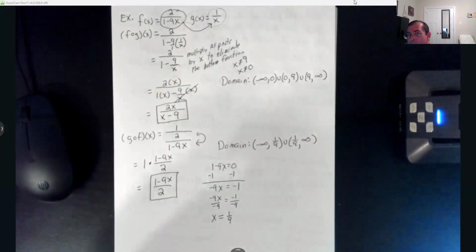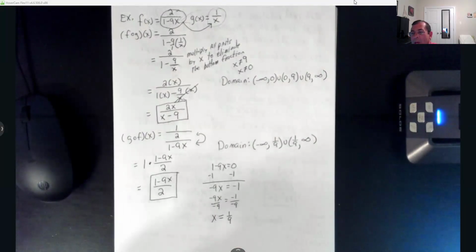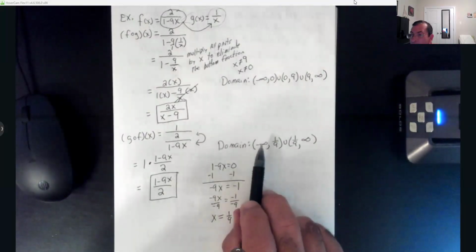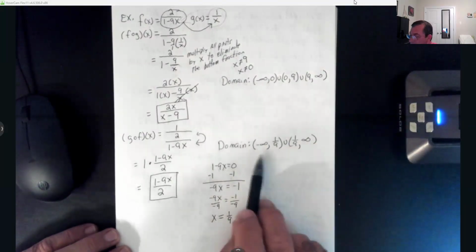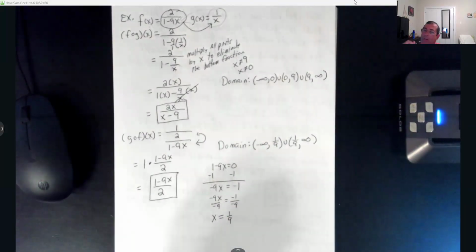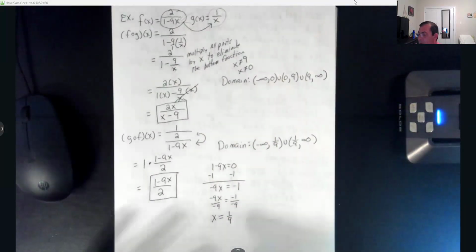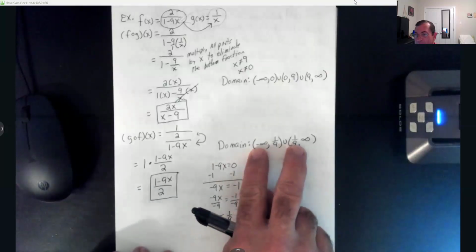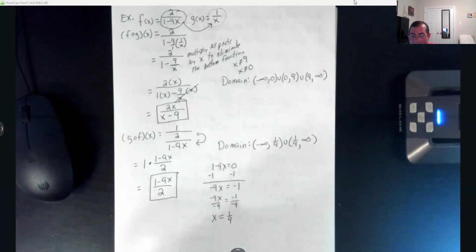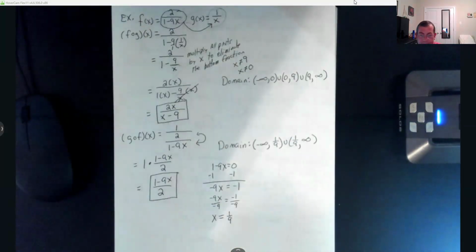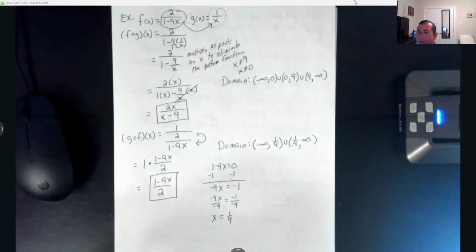Now I want y'all to notice at this point, every domain we've done is starting at negative infinity and going towards positive infinity. All we're doing is finding numbers that we're kicking out, okay? So this is interval notation. What we was doing yesterday with the domain, that is what we called set builder notation. All right, y'all, question on that?